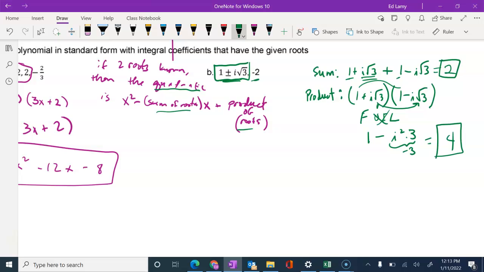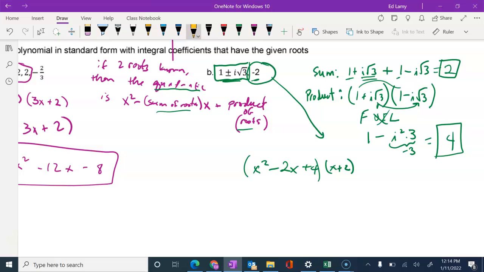We can write the quadratic that has those two roots by writing x squared minus the sum, which was 2x, plus the product, plus 4. That's the quadratic. But again, we're going to take this third root and write its factor, x plus 2, and go ahead and multiply these.